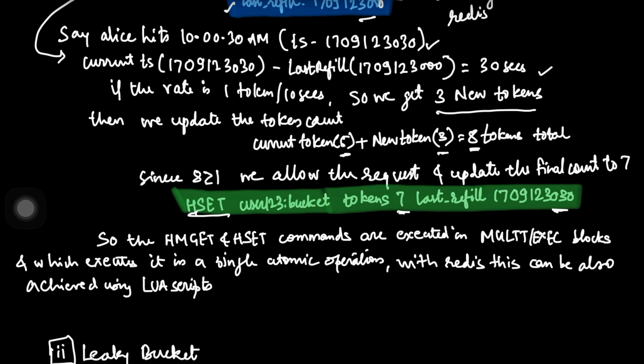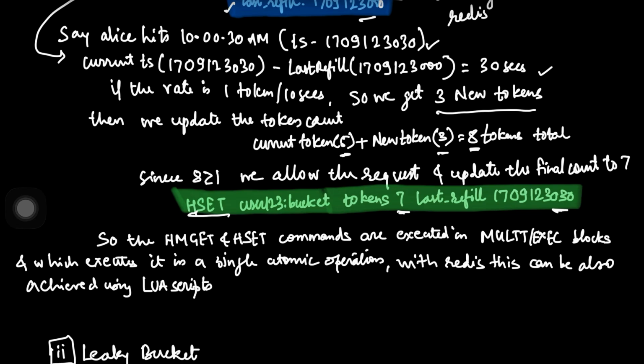Let's say two requests from Alice hit two different servers at exactly the same millisecond. They might both read the token count as 5, so both calculate the value to be 8 tokens, and now both are allowed, which should be restricted actually, because the second request should have got the count as 7. So eventually we get to know that it is not synchronized.